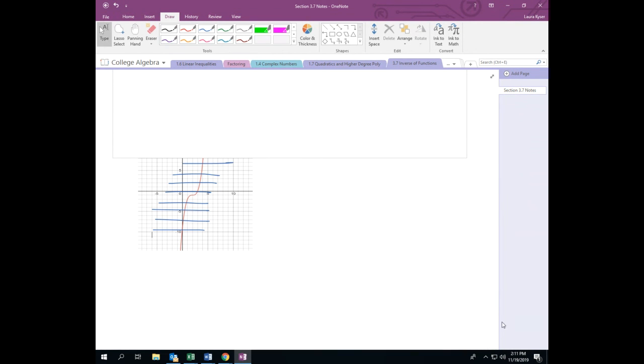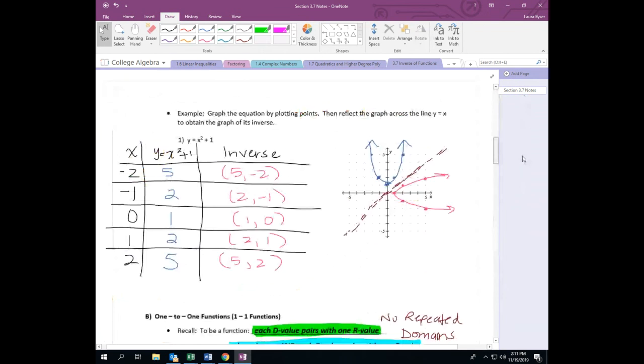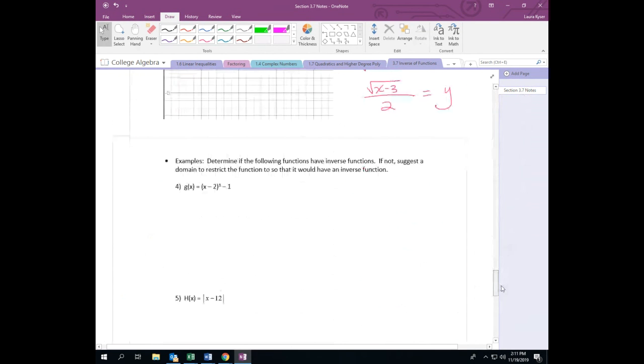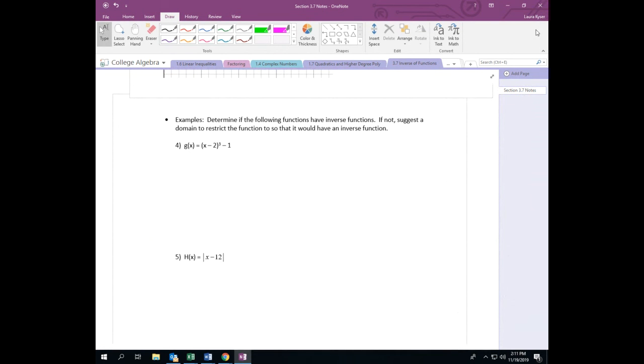And if it's already one-to-one, then it does have an inverse. Because in order for it to have an inverse, it has to be one-to-one. And if it passes the horizontal line test, then it's going to have an inverse. So that one's not really helpful.